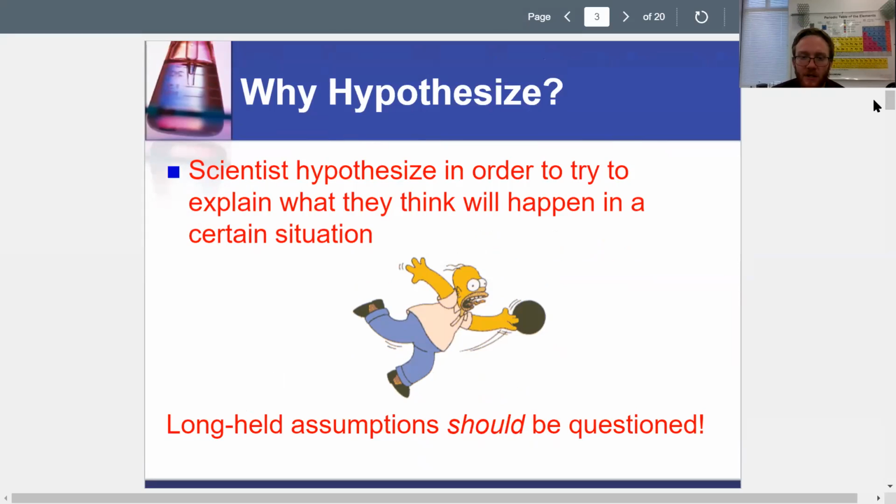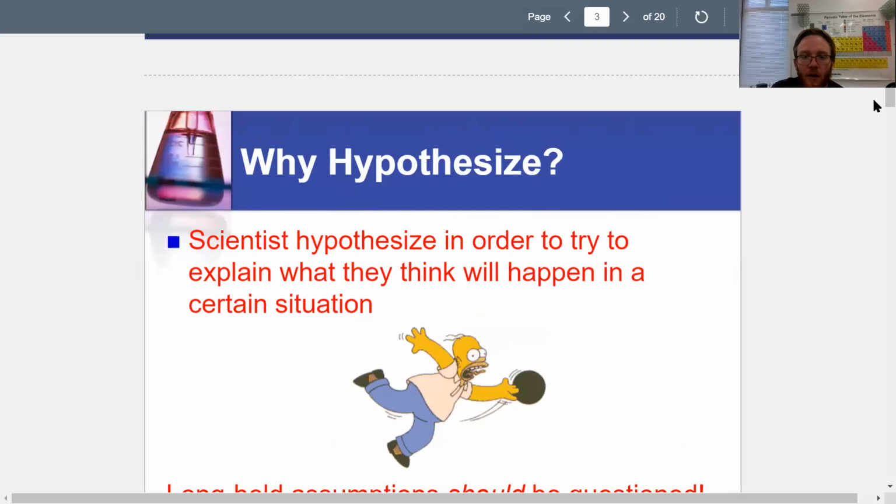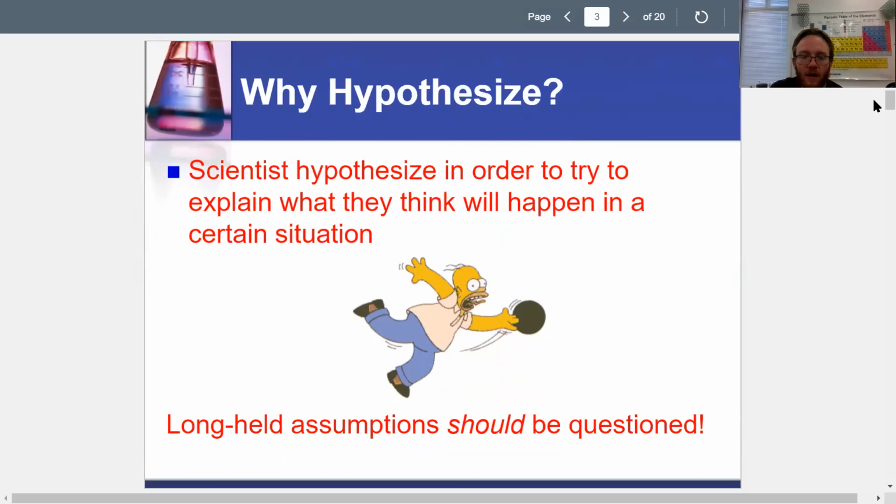So what that means is that you're going to see something happen, you're going to make an observation, and you're going to think to yourself, well, if I were to repeat that in a very organized and manageable fashion, I think that I would get this kind of result. And so long as you structure that question correctly, you can easily test it and then come back and compare to see if you're correct. So anytime you make a prediction, you are coming really close to a hypothesis, all right?